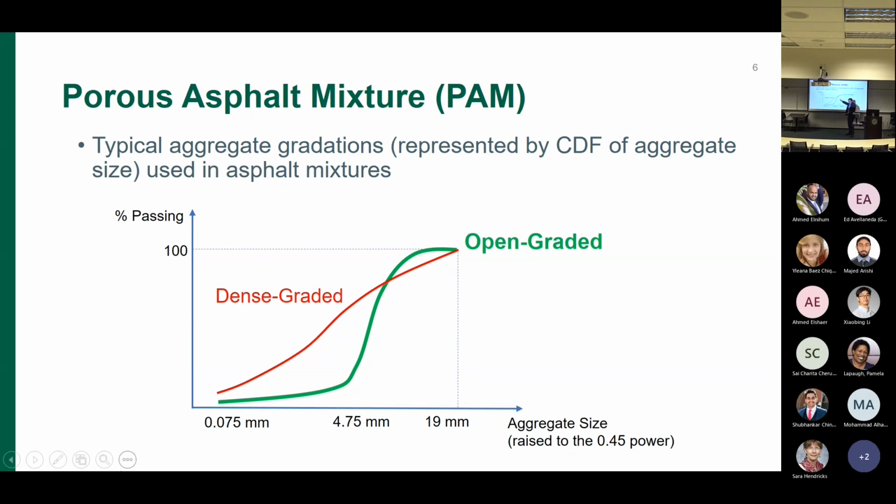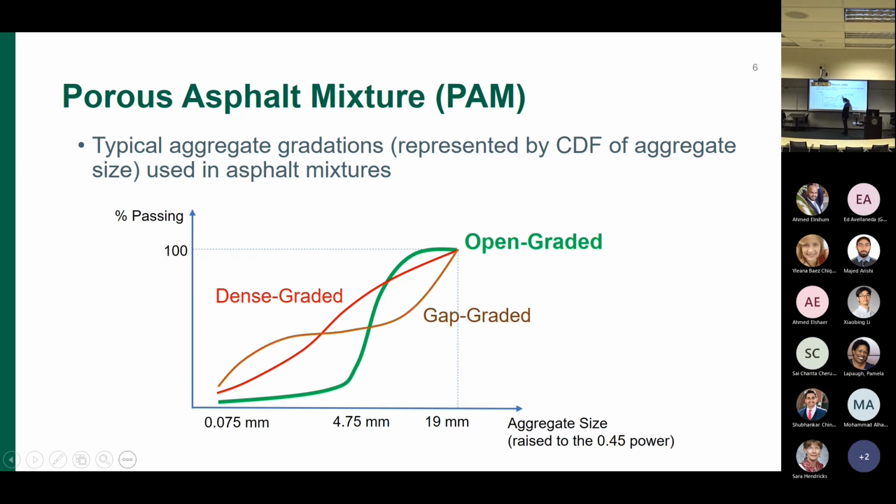You can imagine going from the CDF to a PDF at each aggregate size. So this mix may consist of coarse aggregates with little content of fine and medium aggregate sizes. Or there's another commonly used aggregate gradation, which is called the gap gradation.